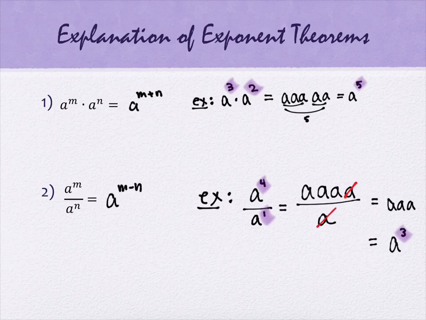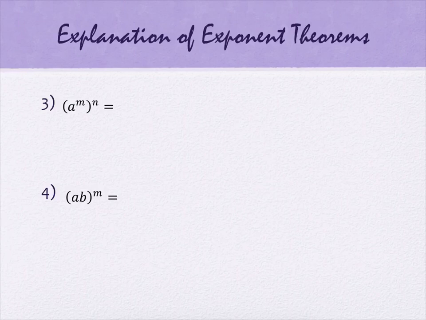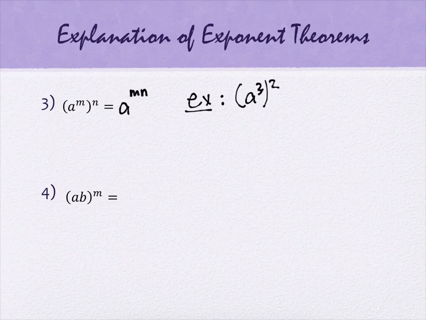Make sense? Okay. The third one is the one we said was multiplied, so a to the m to the n. And for our justification by example, we're going to use the same 3 and 2 we had before, a to the 3 to the 2.